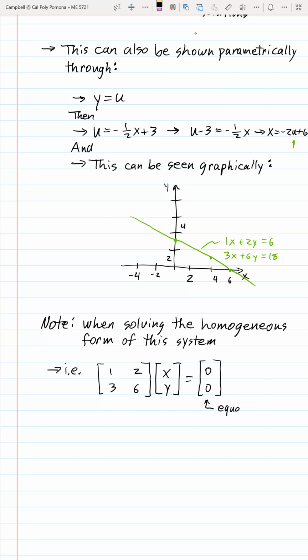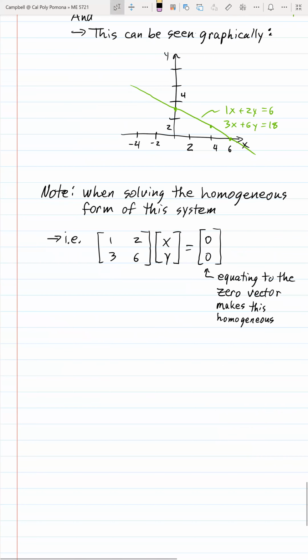So here I'll just say that equating to the 0 vector makes this homogeneous. What do we then have for our augmented matrix?